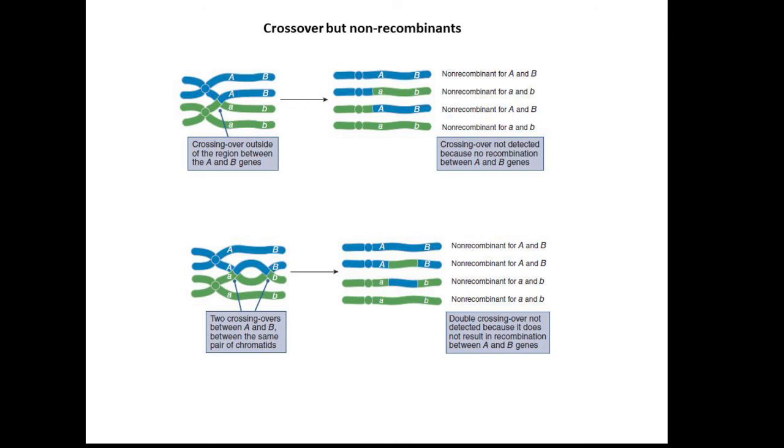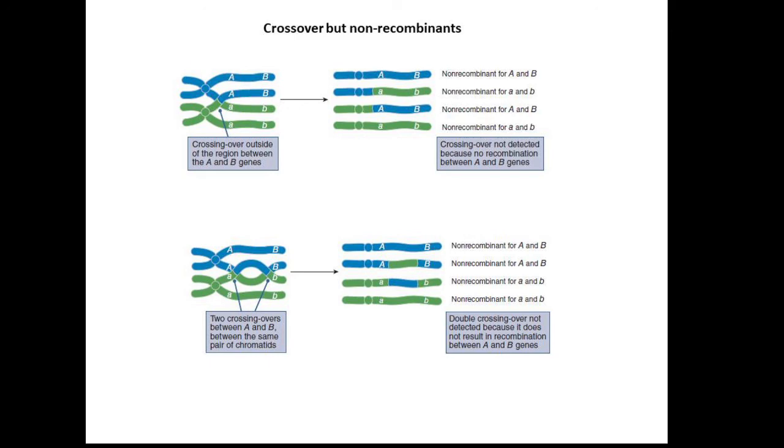In the lower panel again, there are two crossover sites, but again the alleles are not exchanged. Though the chromosomes are now hybrid, these are non-recombinant, because there is no recombination. There is rearrangement of chromosome segments of the DNA, but the alleles are still arranged in the same order.